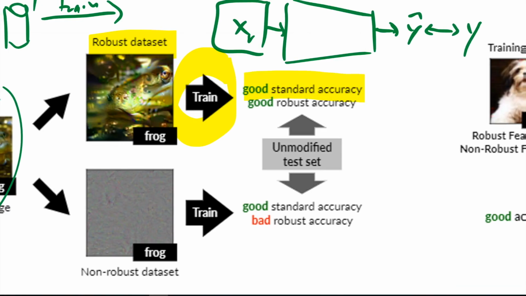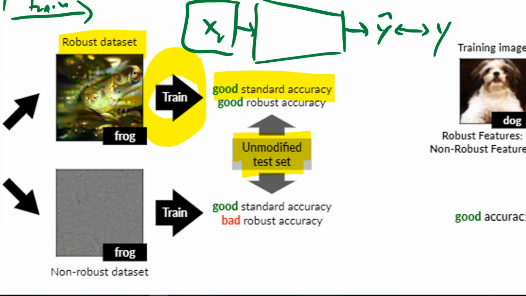First of all, good standard accuracy. What does good standard accuracy mean? It means that we can test it on what's called the unmodified test set, the original test set belonging to this training dataset, and it works just fine.